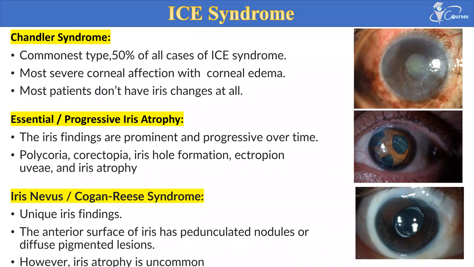Dr. Islam, what is the difference between Chandler and Fuchs? Yeah, I just said that Fuchs is more common in older females, above 40, while Chandler is between 20 or 25 and 40. Both are common in females, while Fuchs is bilateral and Chandler is unilateral.